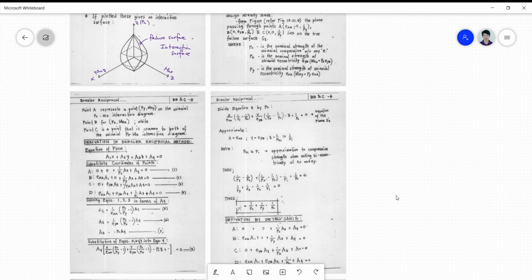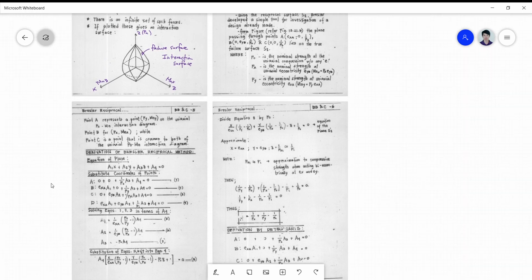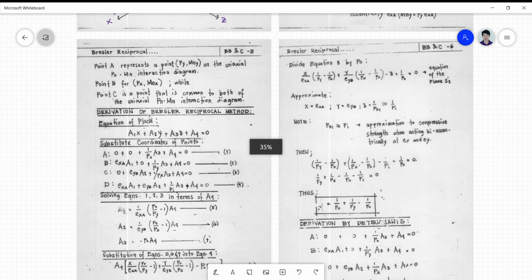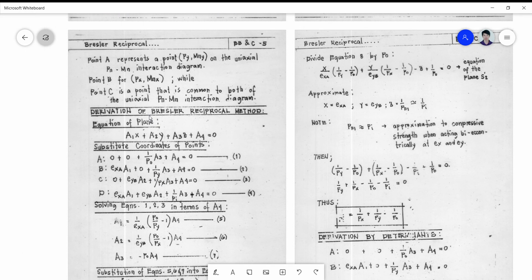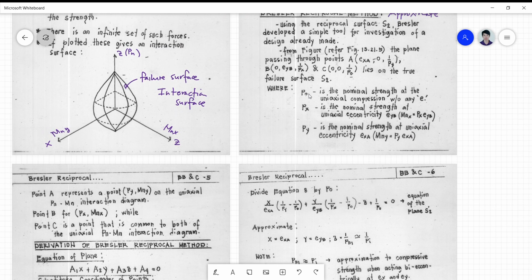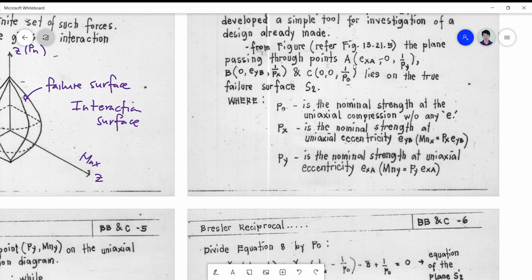I don't like to discuss the derivation in great detail, but the derivation is simply a method of substituting the values of points A, B, and C here. We simply substitute the value of your S2 surface at critical locations A, B, C, and these critical locations touch your assumed Bresler surface, which is S prime 2.